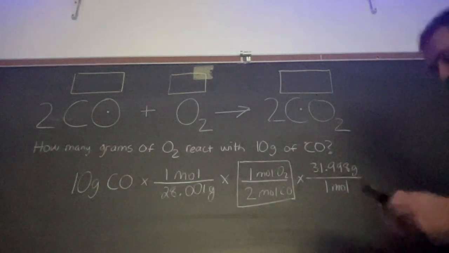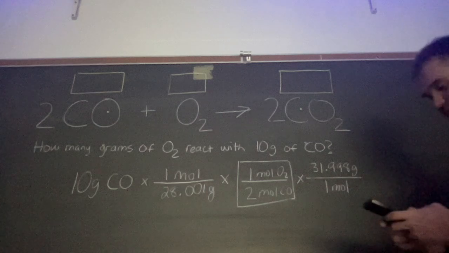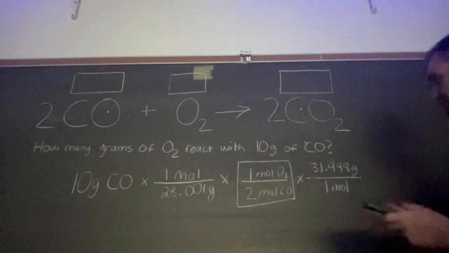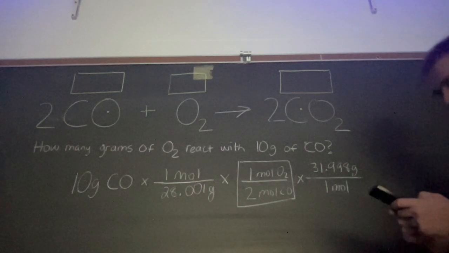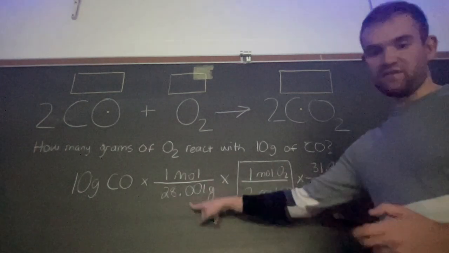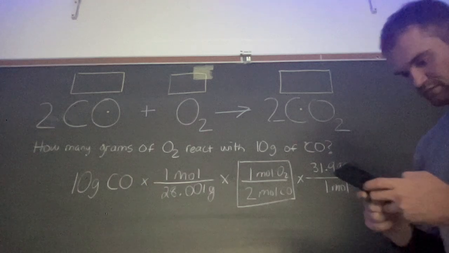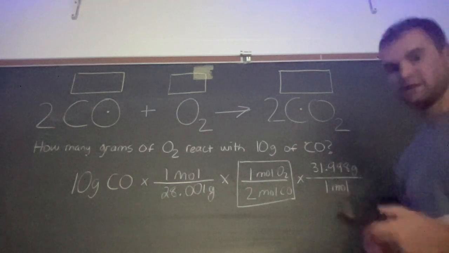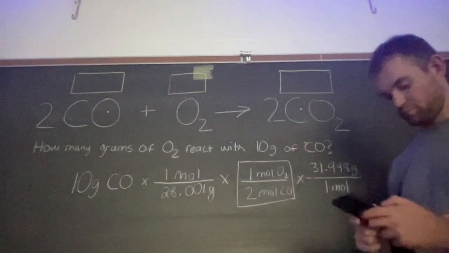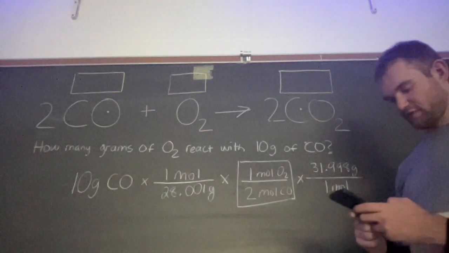So when you do this calculation, you're going to do the 10 times the 31.998. I'm going to hit enter. Then I'm going to divide by this number, divide by 28.001. Hit enter. And then finally, I'm going to divide by 2. And hit enter.